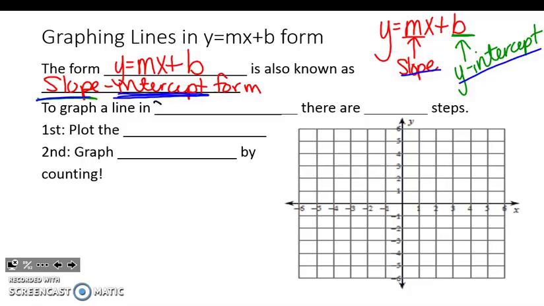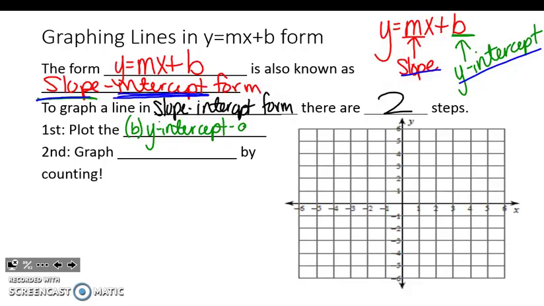So to graph a line in slope-intercept form, there are two steps. They're pretty simple, but there's quite a few different situations that could be happening. So the first thing we're going to do is plot the b value, which is the y-intercept.